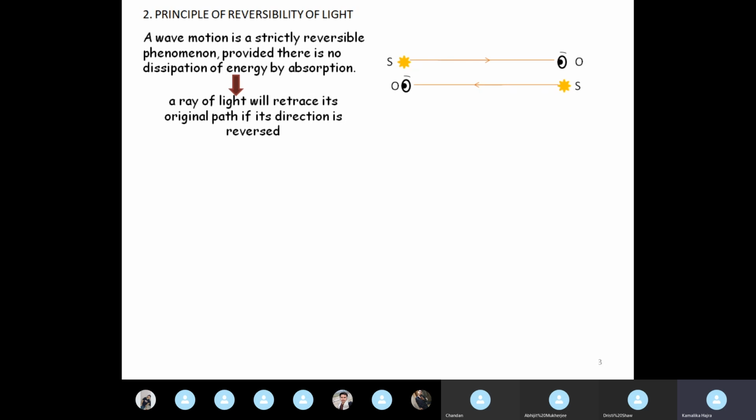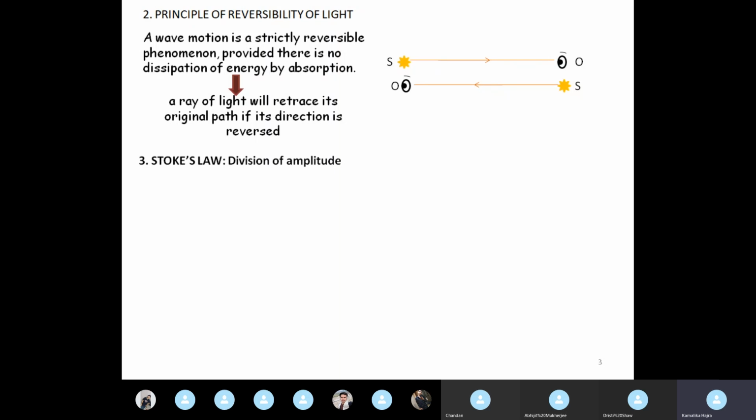All right, things we are going to discuss: the principle of reversibility of light. So you have two not new concepts, but probably placed in a different way, and two very, very important concepts. One is the concept of optical path and the other is the principle of reversibility of light. Now next what we need to do is Stokes' law.